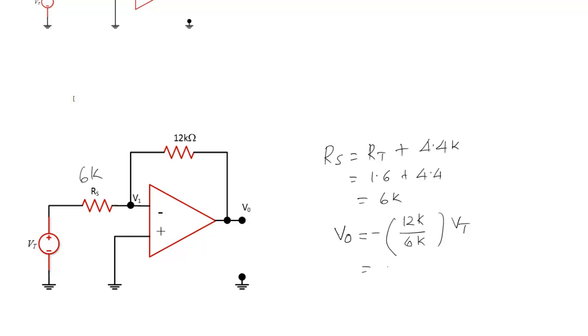So this means this is going to be minus 2 times V sub t. Since V sub t is 0.8, this is going to be minus 2 times 0.8, which is negative 1.6 volts. And this concludes our discussion for solving this problem.